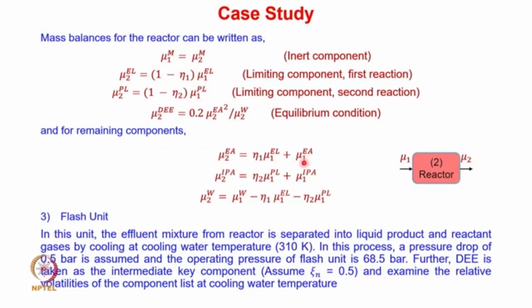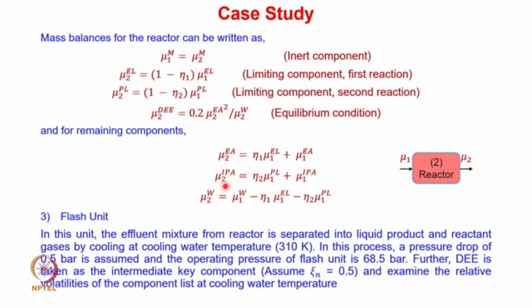Mu1 Ea is the ethyl alcohol which is charged to the reactor as a feed, and this could be coming through a recycle stream, of course in a very small amount. We can take this as 0 also. The other product flow rate we can write down as mu2 IPA.